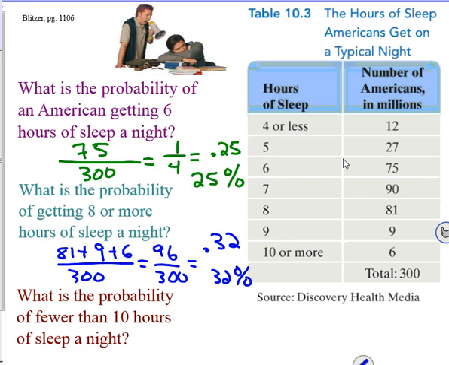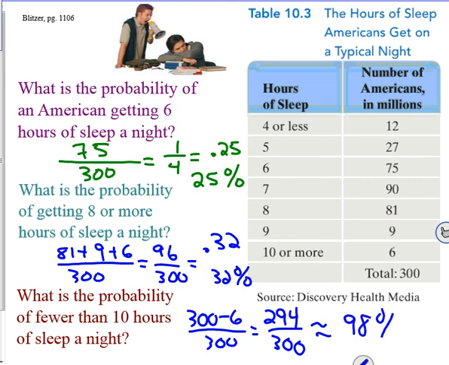So that's going to leave 294 out of 300, or approximately 98% of people. And that's the back door. Instead of adding up all the numbers and then taking that out of 300, I can subtract what I don't want from my total of 300, and that's how many are in what I do want.